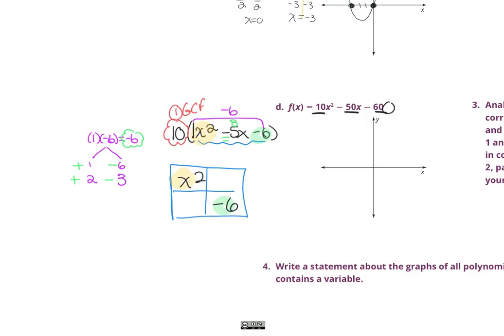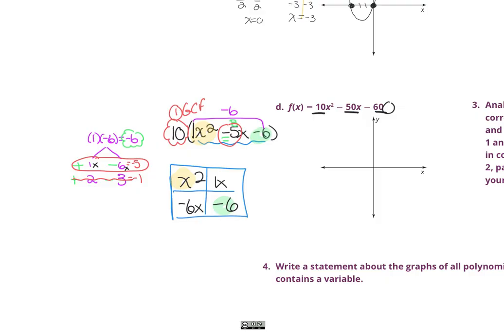You're trying to find the pair that adds up to make my negative 5. So if I add these two together, that would make a negative 5. And if I add these together, it's a negative 1. This is not the pair that I want. This is. So in one of them, and by them I mean the boxes, in one box goes a 1x and the other one goes a negative 6x. It does not matter who goes in which box.